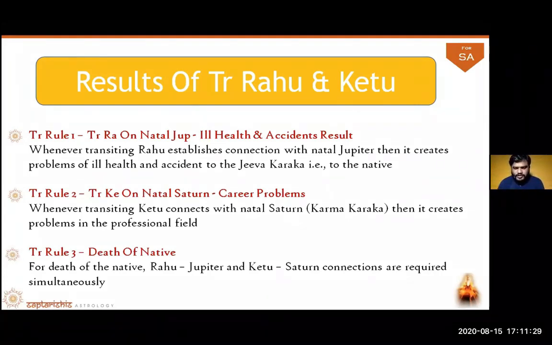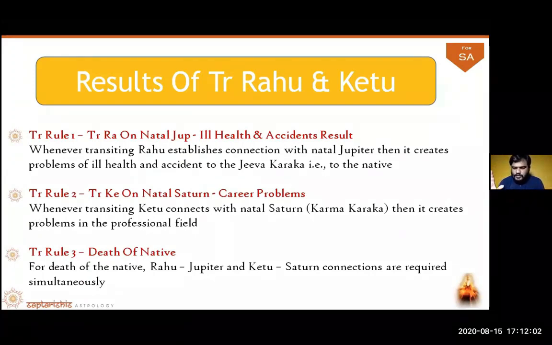Now the most important thing is, whenever you apply this rule number 3, you must first check the longevity of that native, whether the longevity is short, medium or long, like Alpayu, Madhyamayu or Dirghayu. There are different rules for judging this longevity. So first you have to check the longevity in the horoscope, then you can apply this third rule.